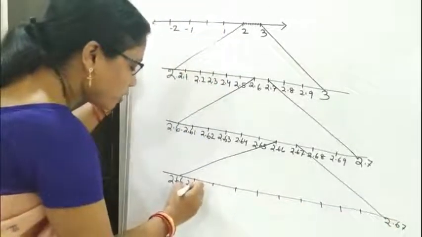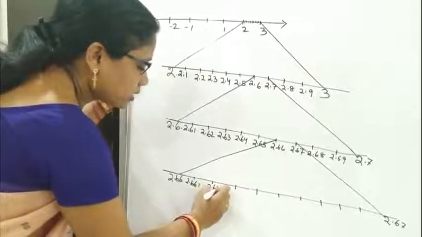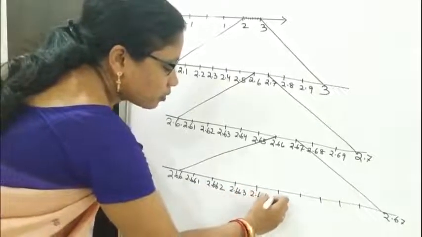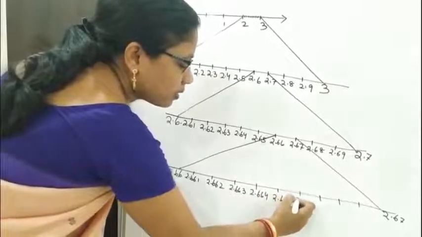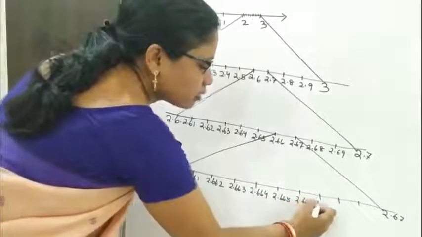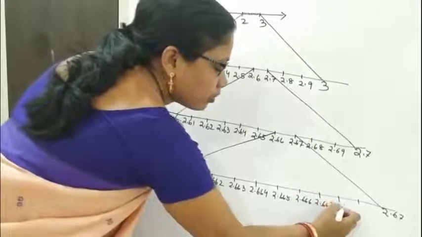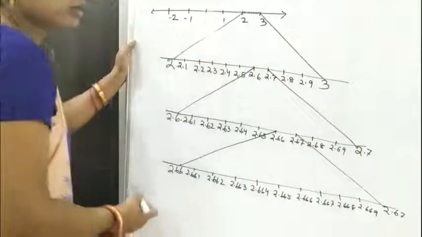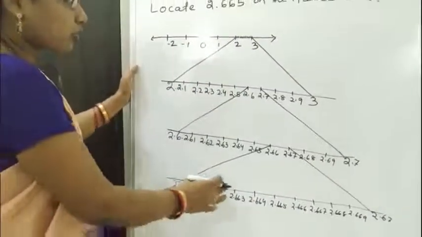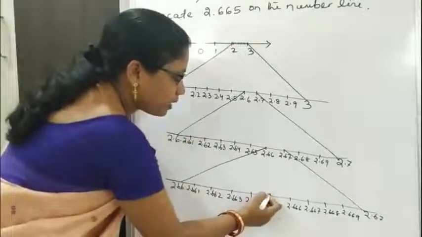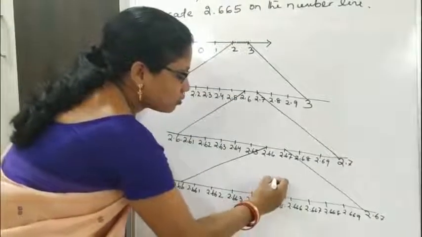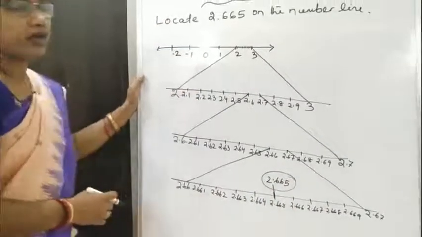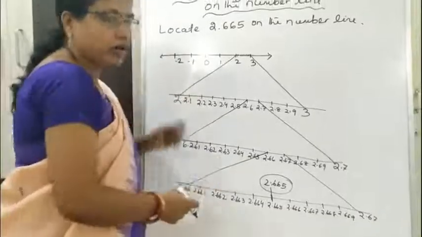So this is 2.661, 2.662, 2.663, 2.664, 2.665, then 2.666, 2.667, 2.668, 2.669, then 2.67. So here 2.665 is this number. This is 2.665. So in this way we can magnify a decimal number on a number line.